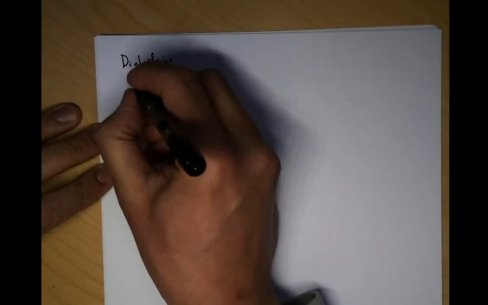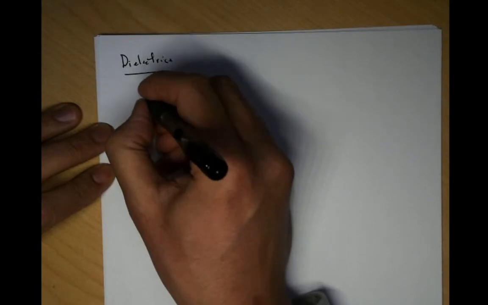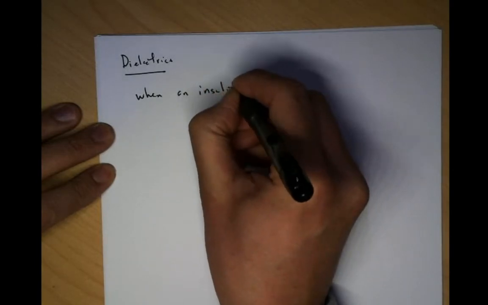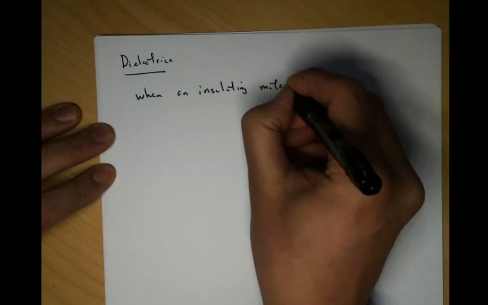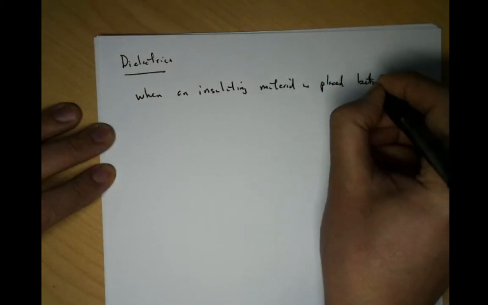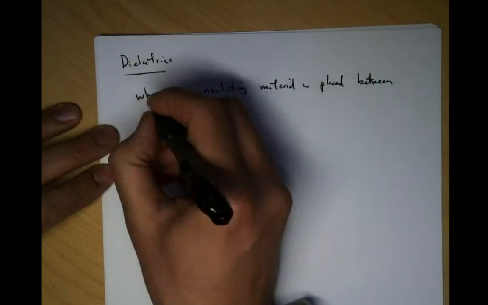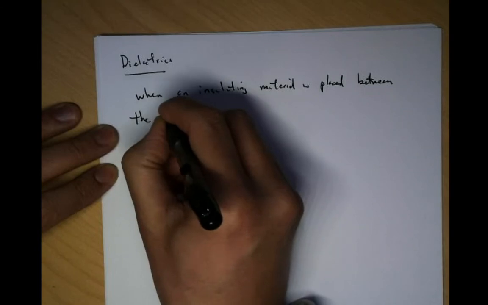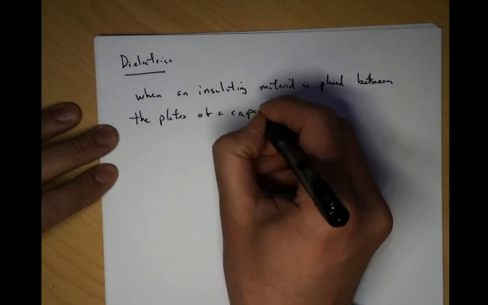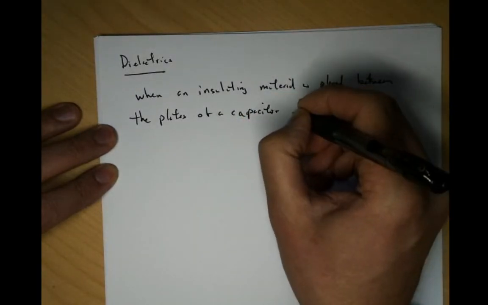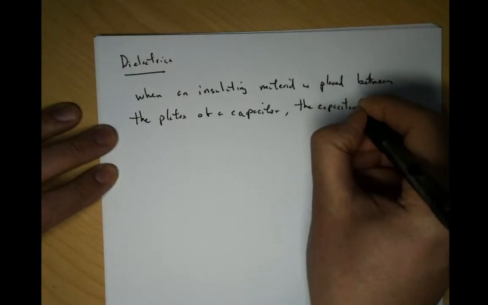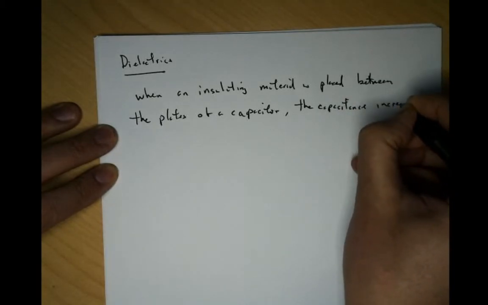So what's a dielectric? When an insulating material is placed between the plates of a capacitor, the capacitance increases, right?